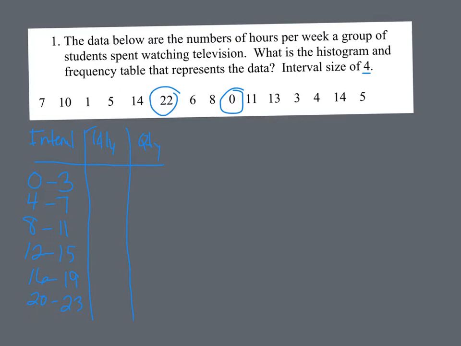All right. So now I'm going to go ahead and put tally marks. So I'm going to change colors. So there's a 10, which is in this one. There's a 7. I forgot that one.